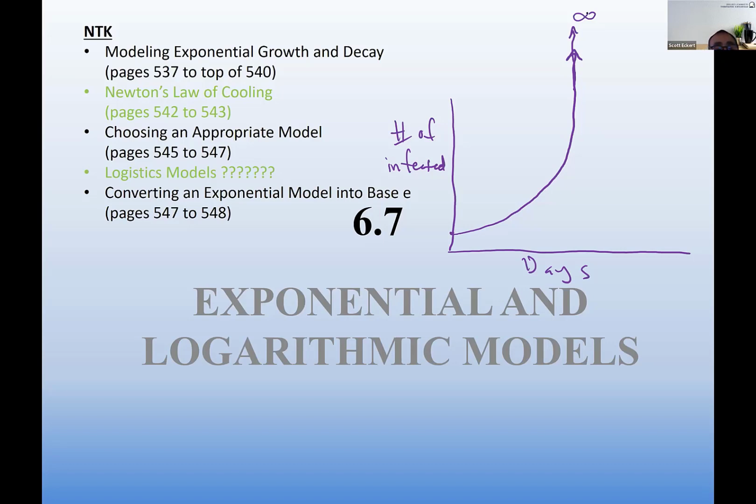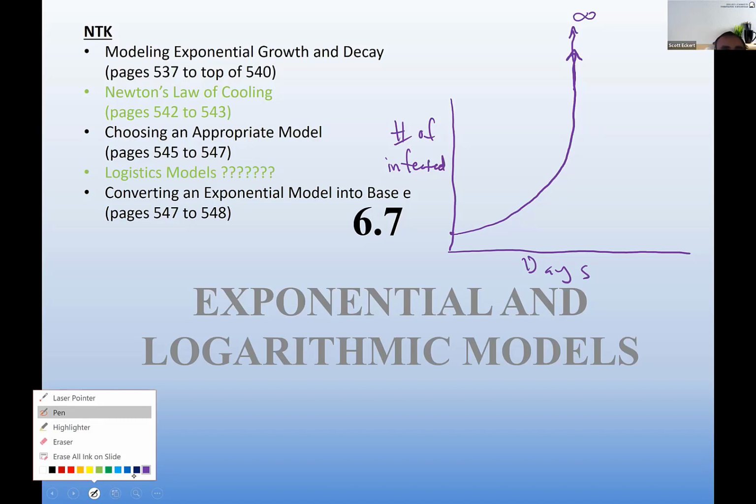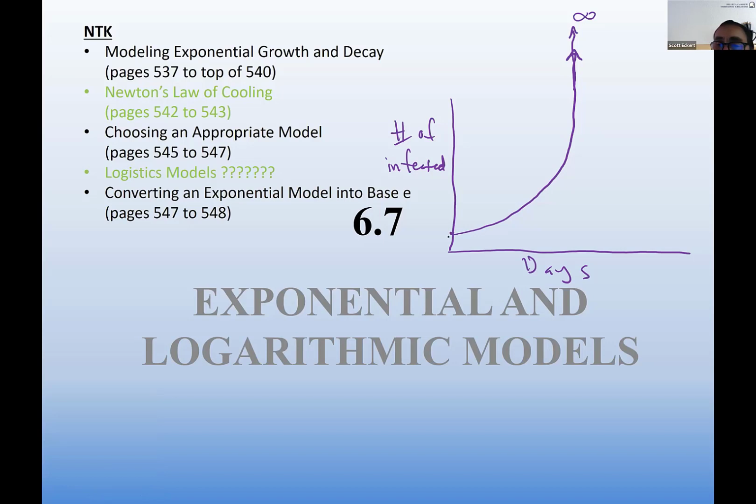There's a point in exponential growth where sometimes you reach an inflection. And what happens with the inflection is you get a point where the numbers change and the growth slows down. And then you reach an asymptote. And this asymptote might be the maximum number of people.